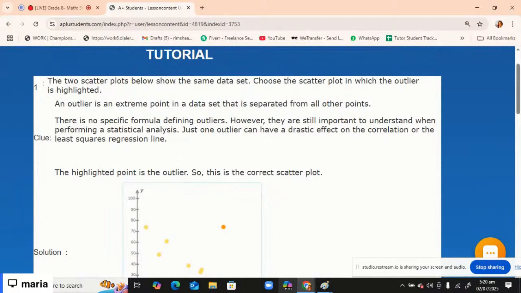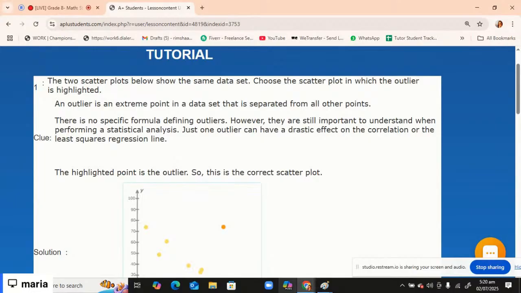It's either the large value or the smaller value, the bigger value or the smaller value. So to separate out the outlier, you just take the extreme point in the data set. There is no specific formula for defining an outlier. It's just to understand that when performing statistical analysis, we check either the greater values or the smaller values from the data set.